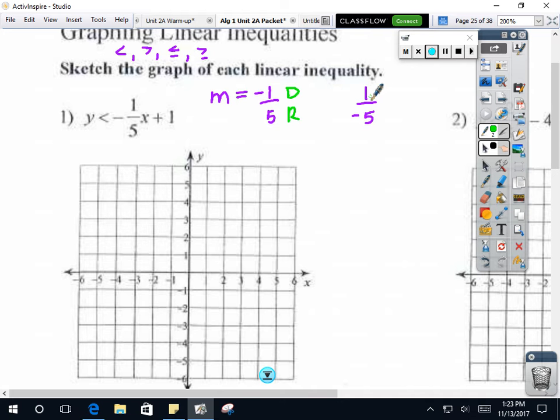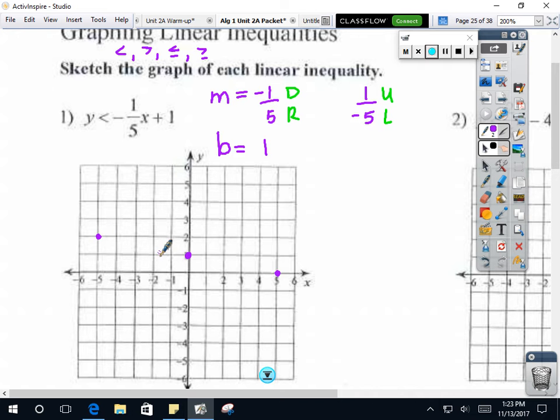If you choose to put the negative on the bottom, the directions will be right. But before you can even worry about that, we have to plot our y-intercept, which is 1. So on the y-axis, you'll go to 1 and you'll plot your first point. From that point, you'll go down 1, right 5, or you could have gone up 1, left 5.